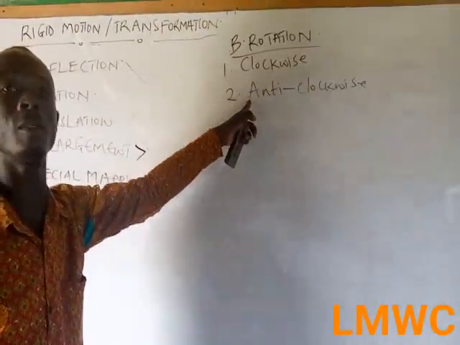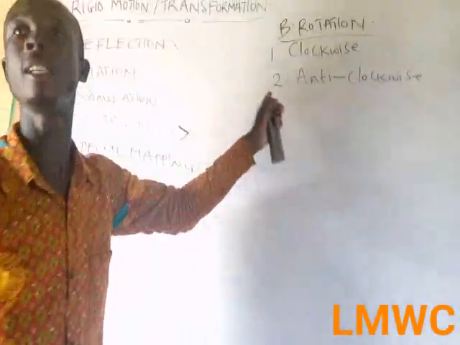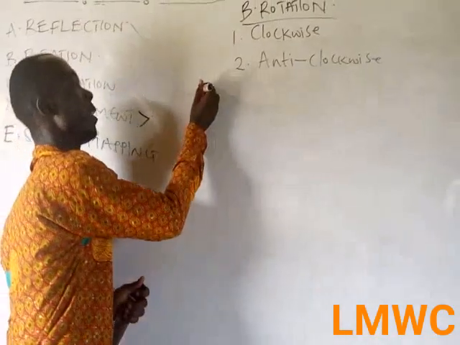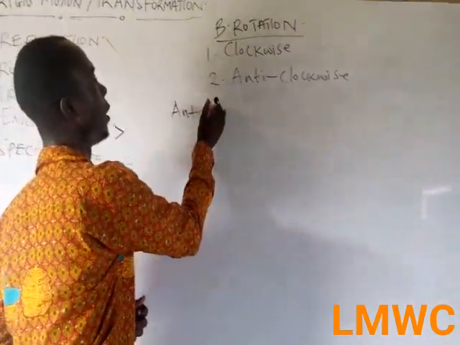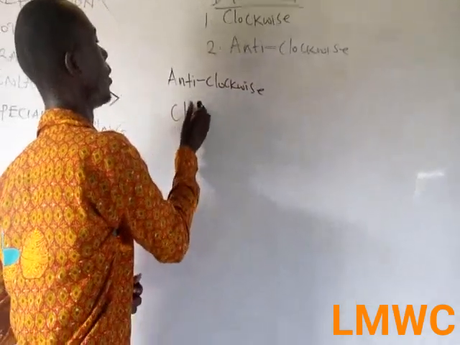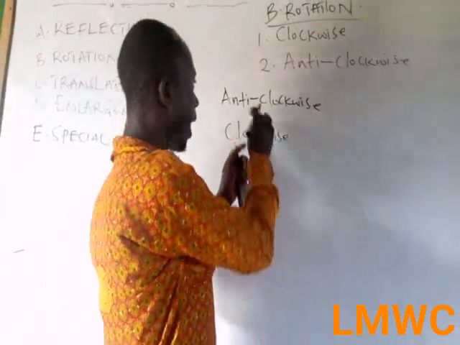We know A comes first because A, B, C, D. Anti-clockwise is first. After that, we move on to clockwise. So anti-clockwise first, and clockwise.